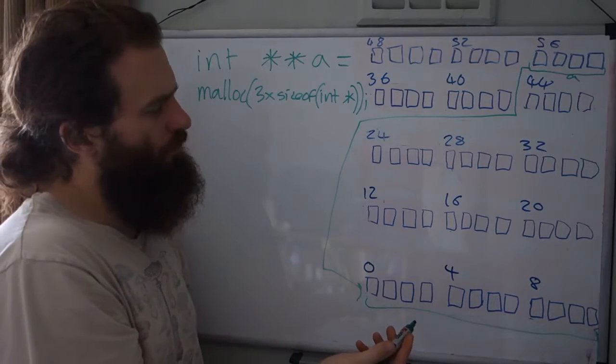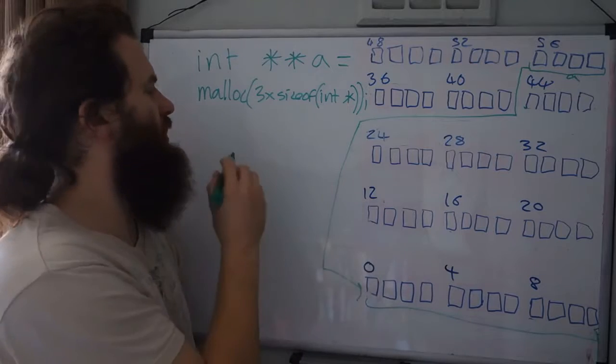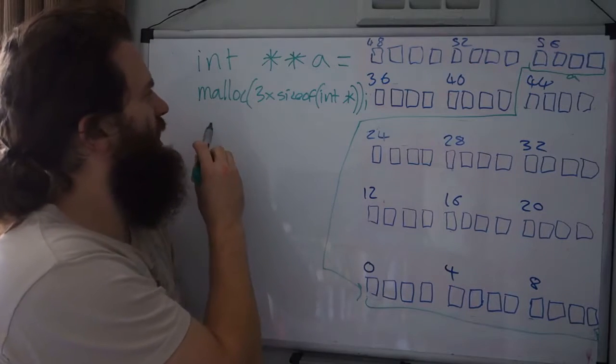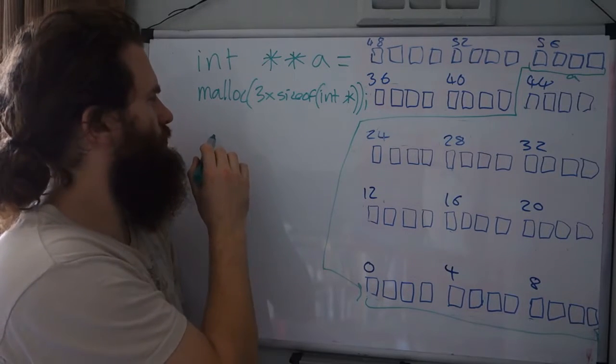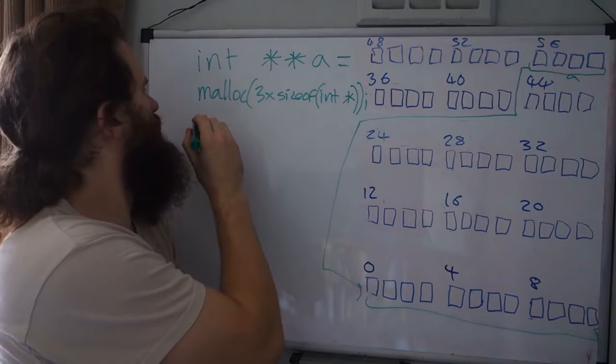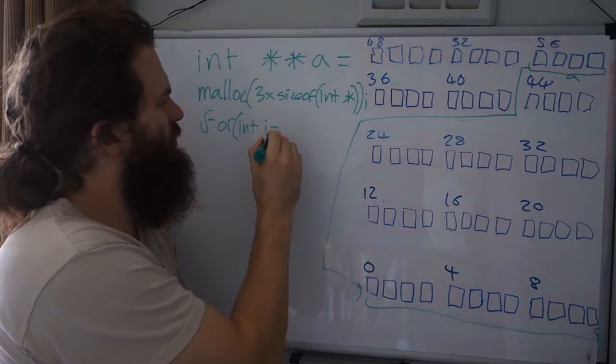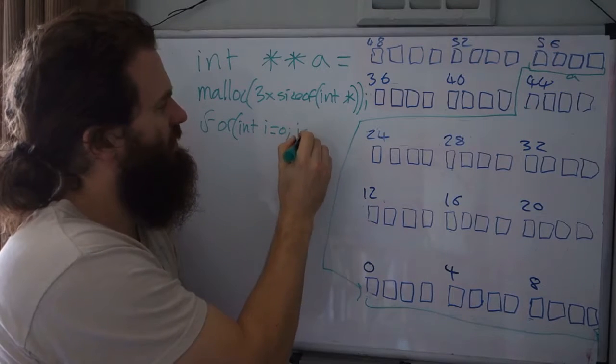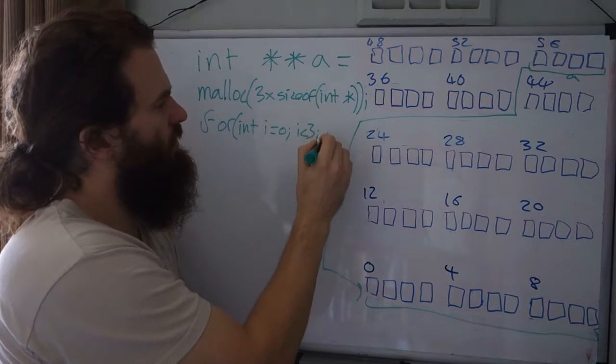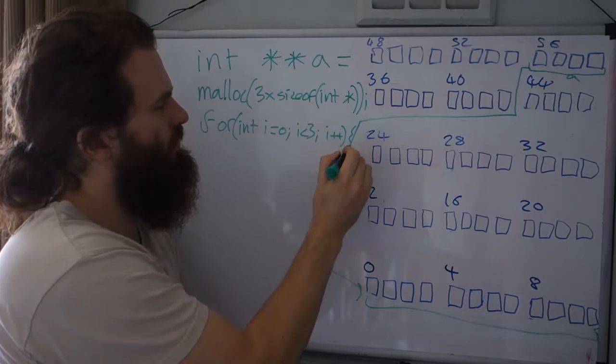And before, I don't know if you remember from the dynamic array tutorial, we did something like this. For int i equals 0, i is less than 3, i plus plus.